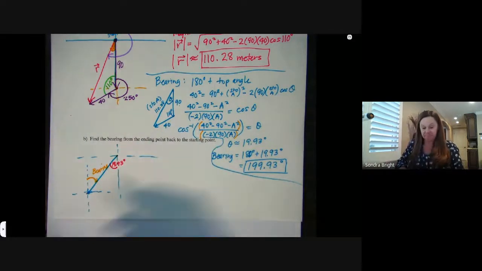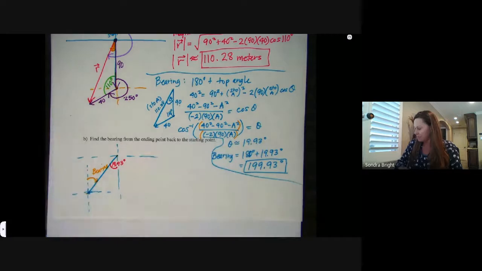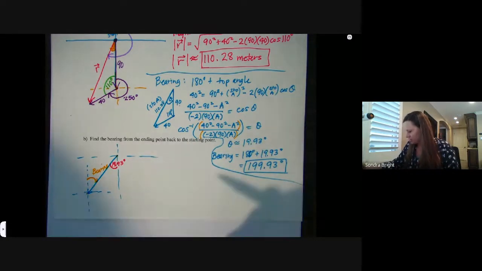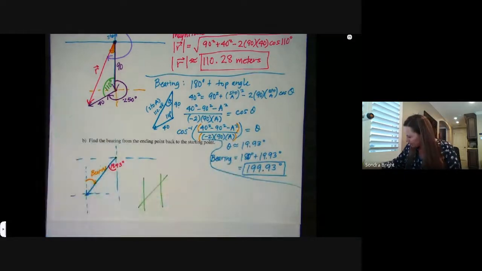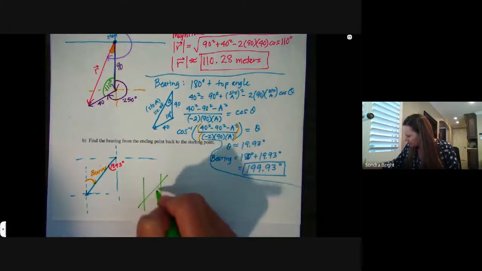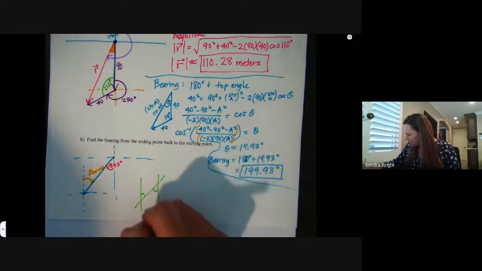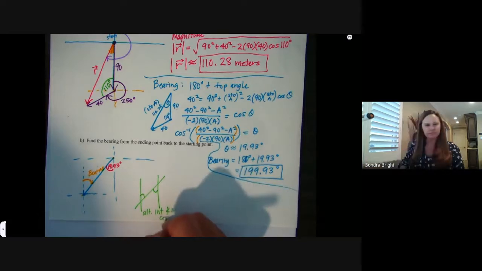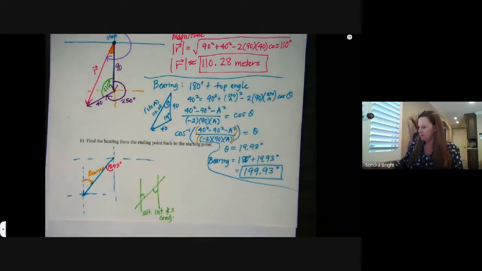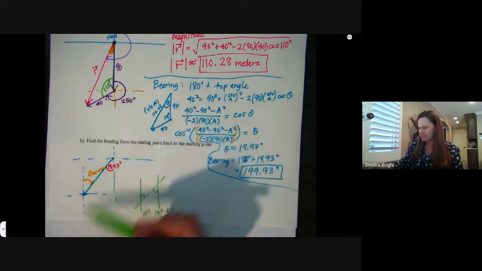Do you remember that with two parallel lines cut by a transversal, alternate interior angles are congruent? Do you see it? Two parallel lines cut by this transversal.